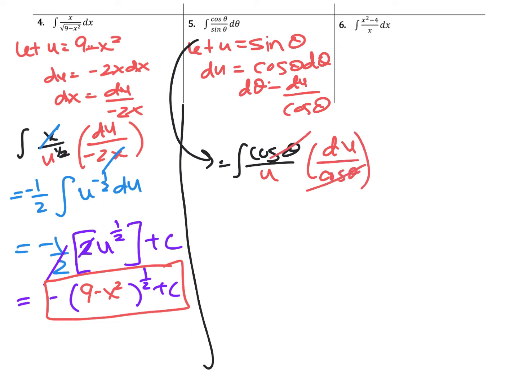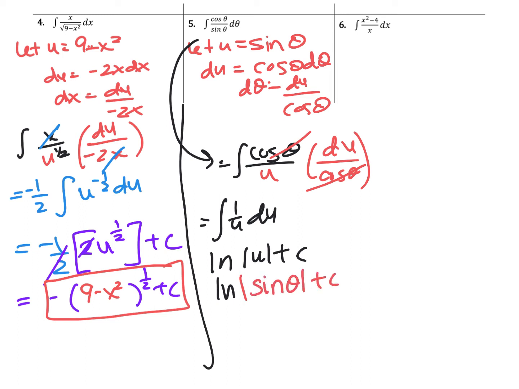My cosine of thetas divide out, so I'm left with the integral of 1 over u du, which is going to give me natural log of the absolute value of u, plus c, and then I can plug back in that u was sine of theta.